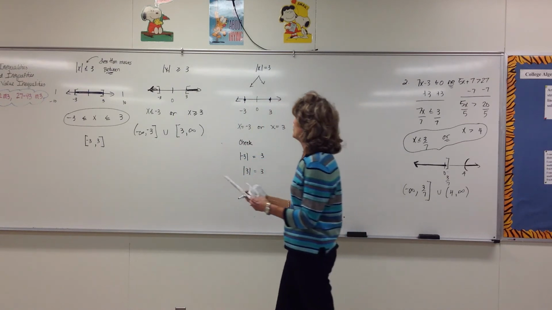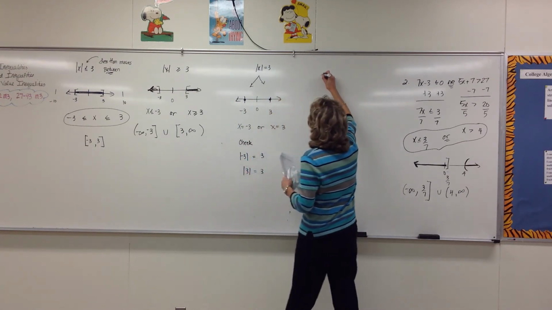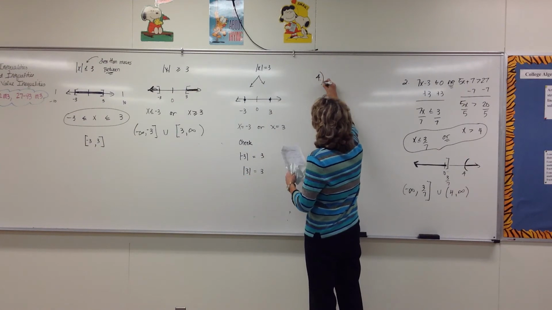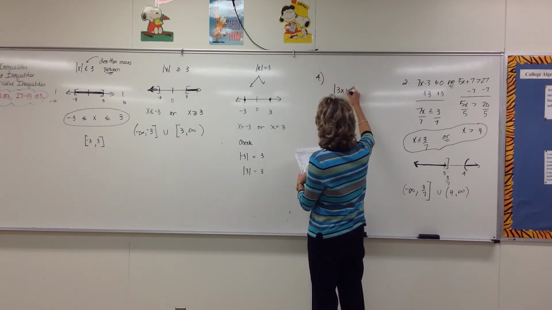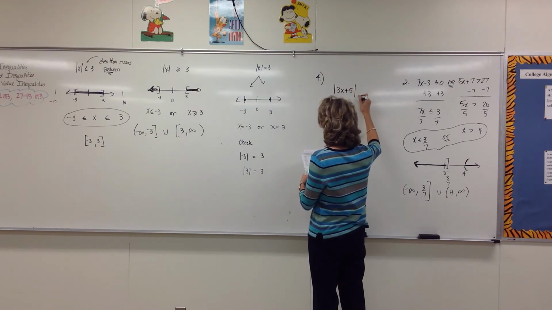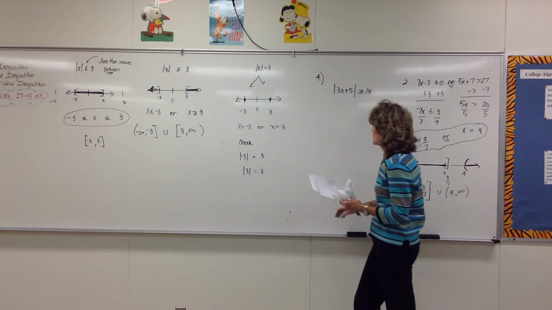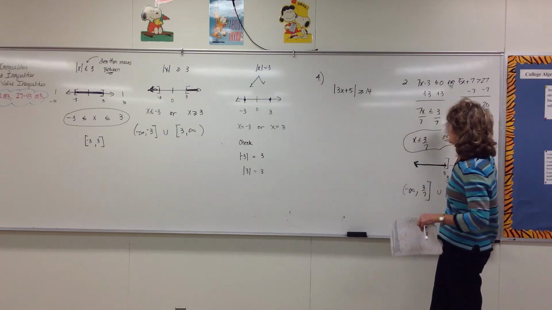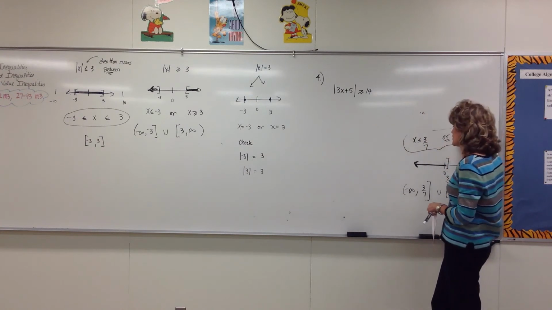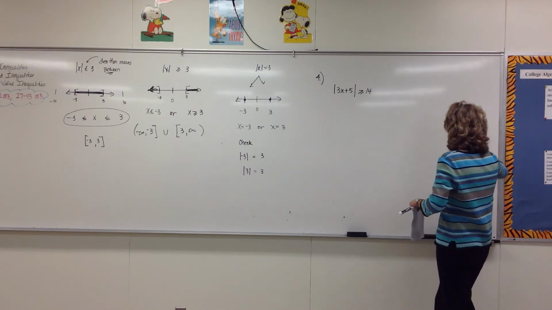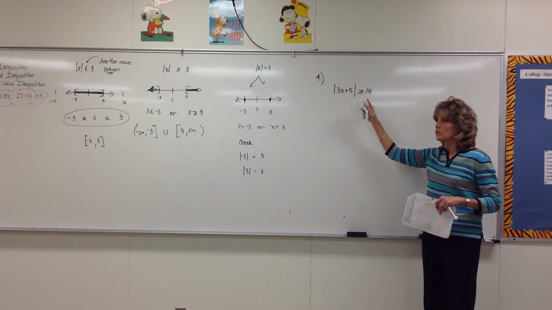So on number 4, the plot thickens a little bit because no longer do we have just x inside the absolute value bars. The key on solving absolute value inequalities and equations is to remember they have two-part solutions. So, what does it mean?